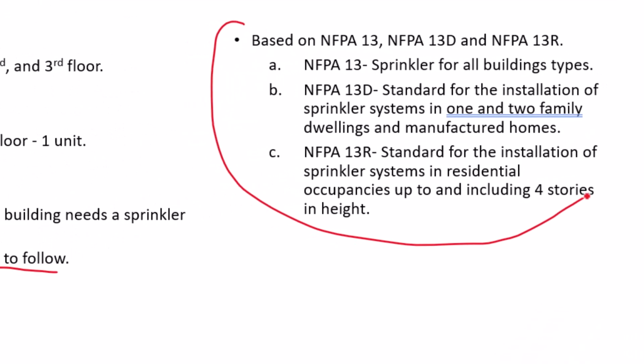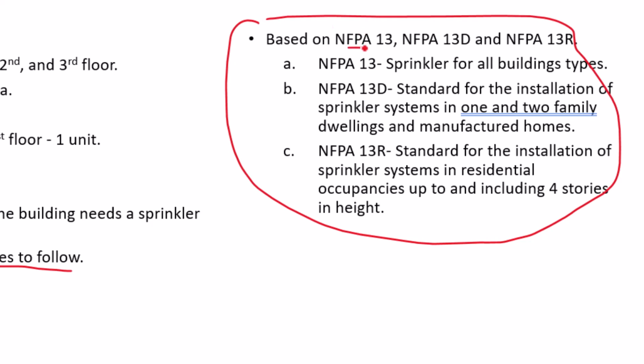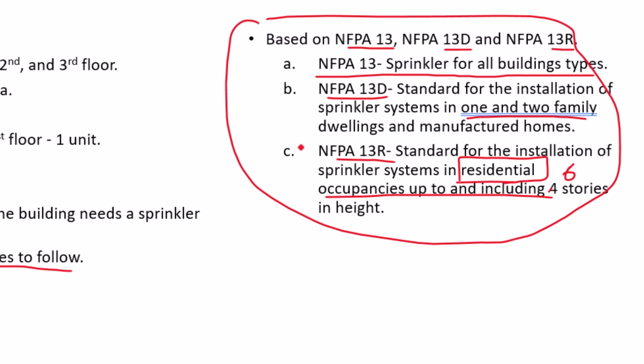This is a recap summary of the different codes: NFPA 13, 13D, and 13R. NFPA 13 covers the requirements for sprinklers for all building types. 13D is for 1 and 2 family dwellings and manufactured homes, and 13R is for residential occupancies up to and including 4 stories, which is revised to 6 stories in the New York City Building Code, Appendix Q. So the 3-family unit would fall under NFPA 13R, since it's not a 1 and 2 family.